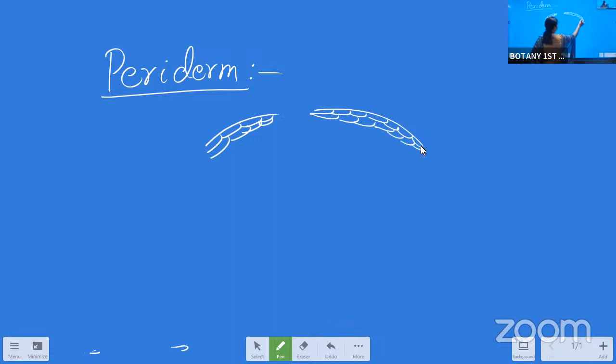When we are drawing this during the secondary growth, yesterday also I showed you how the lenticels are formed, right? Same thing, but now we are giving the complete labeling part, how the secondary growth occurs. Okay.